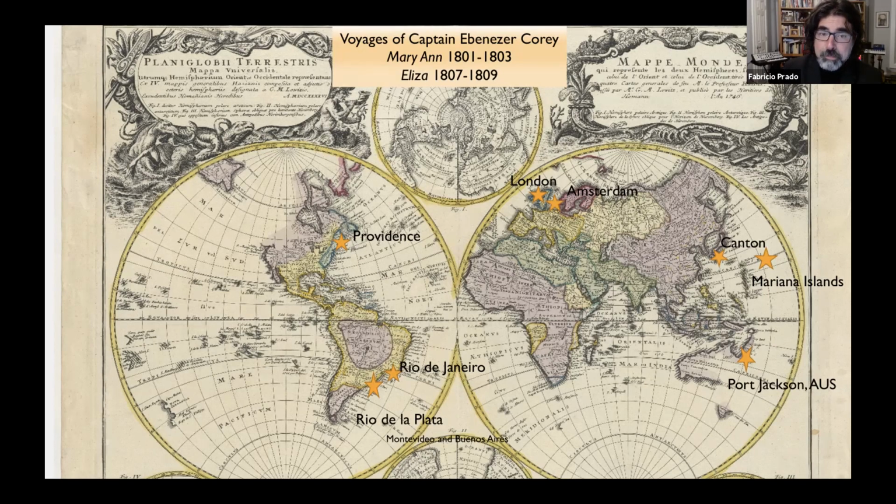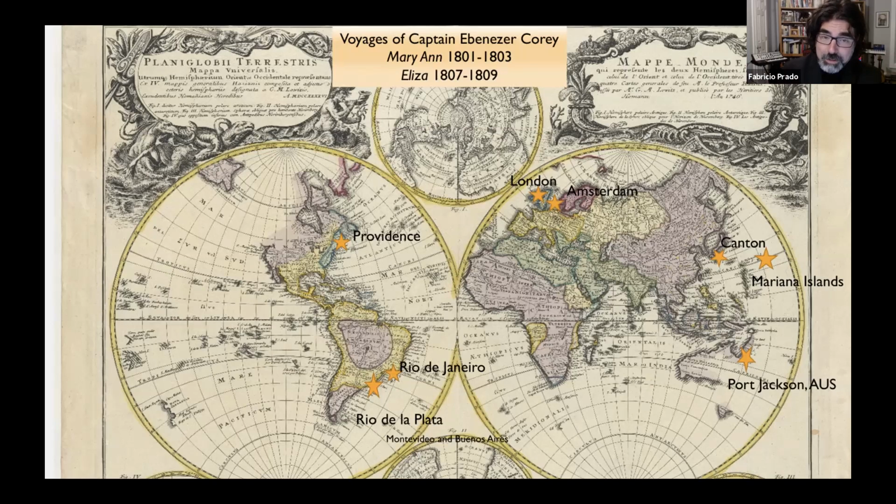Therefore, Corey was pressed by the British official to actually pilot the British fleet to try to invade Buenos Aires. So Corey was forced, I don't know the levels of coercion on this, but he was forced to direct the British fleet into Buenos Aires.